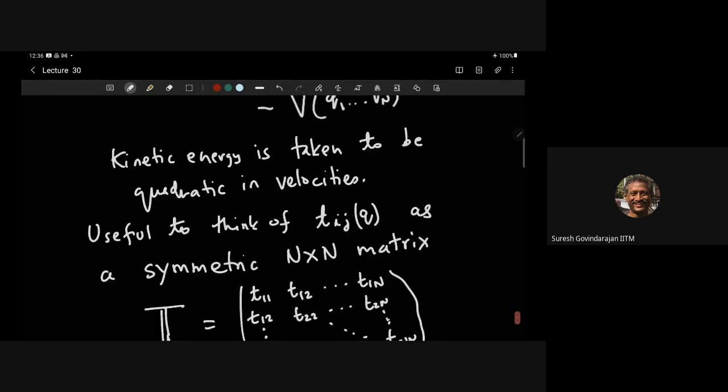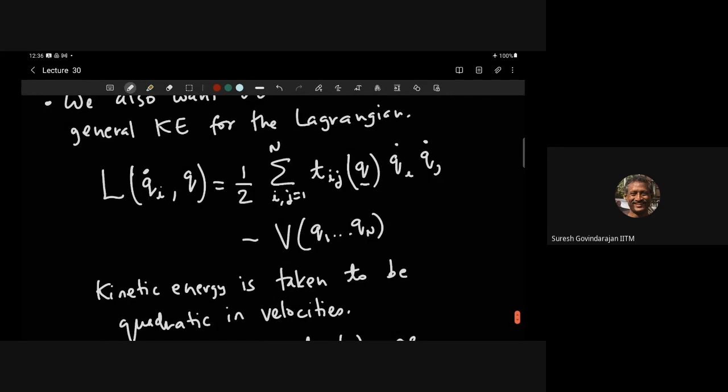So question 2 is: do I lose anything by taking Tij to be non-symmetric? Suppose Tij is antisymmetric, just to be extreme. What happens to this first piece, the kinetic energy piece? The cross terms would vanish. It'll be zero, because Qi Qj dot are symmetric under exchange, so if Tij is antisymmetric, it will vanish.